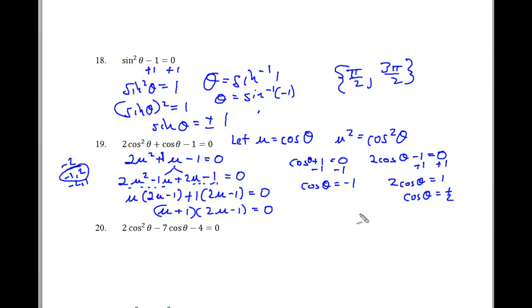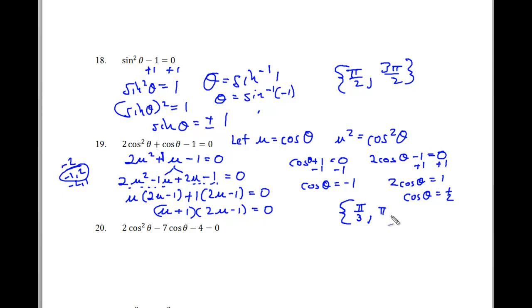So what I'm going to do is look on the unit circle when these situations are true. And we can see that in 3 spaces. The first space is that at pi over 3, my cosine is equal to 1/2. At pi, my cosine is equal to negative 1.